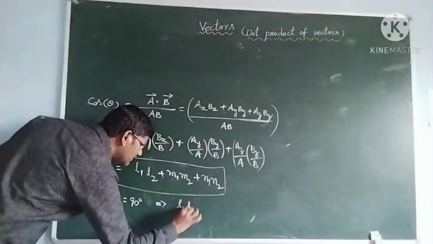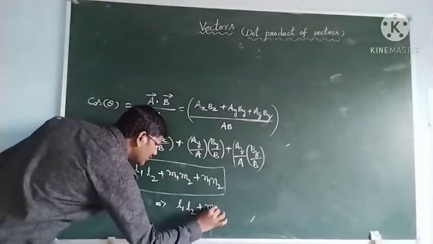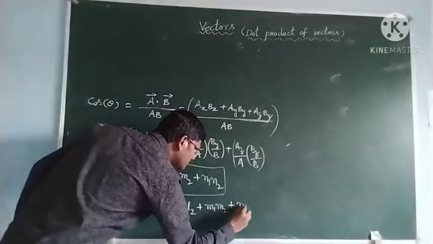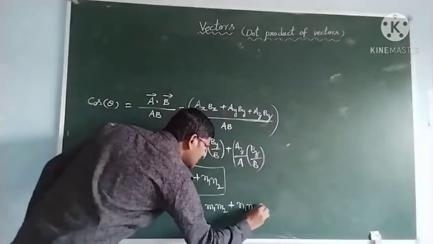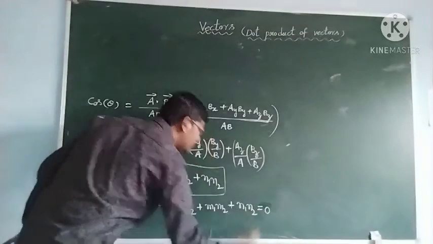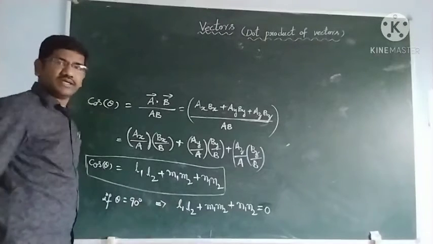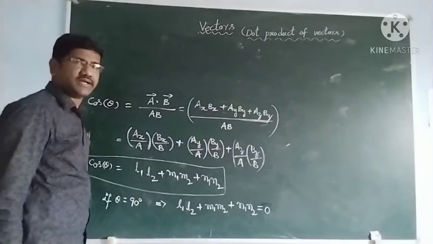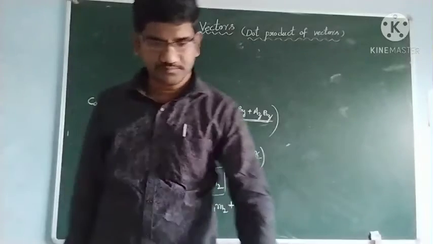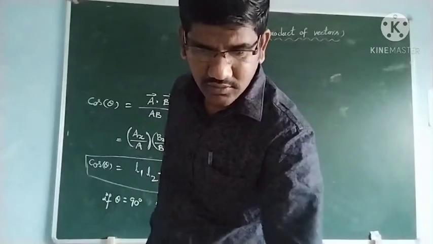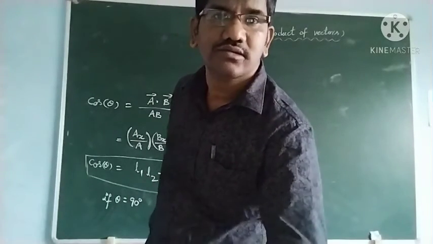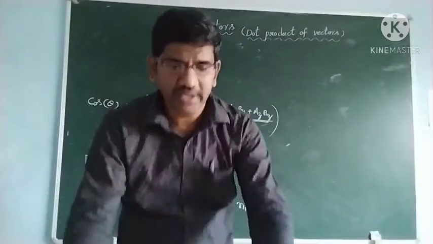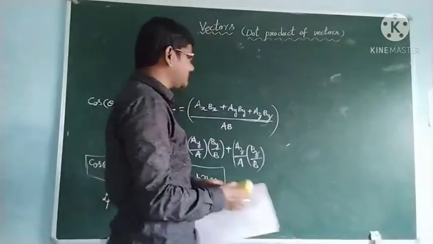That implies L1 L2 plus M1 M2 plus N1 N2 is equal to, how much will you get, students? 0. So L1 L2 plus M1 M2 plus N1 N2 is equal to 0. Okay students, that is about this, now we can do some numericals.